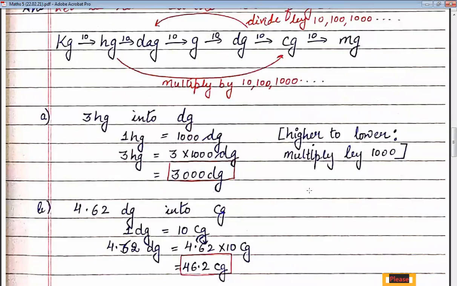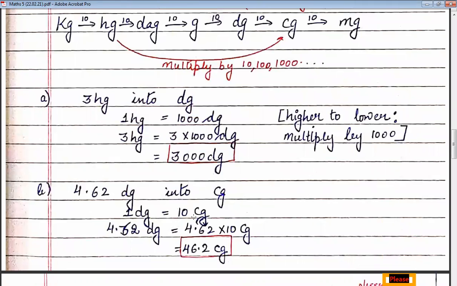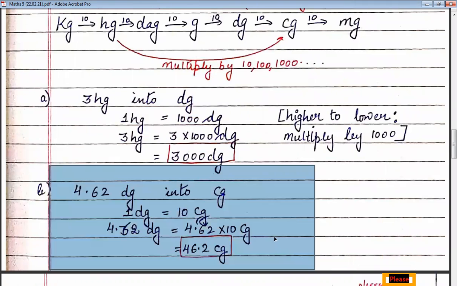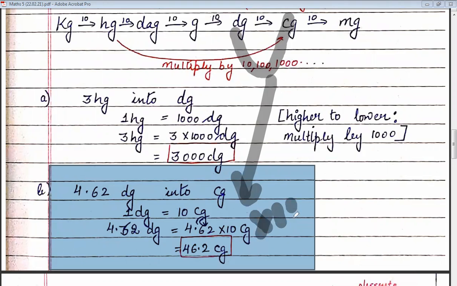Now let's move on to our B part. That is 4.62 decigram into centigram. So decigram is the higher unit and centigram is the lower. So in this case also you are going to multiply. And 1 decigram is equal to 10 centigram.